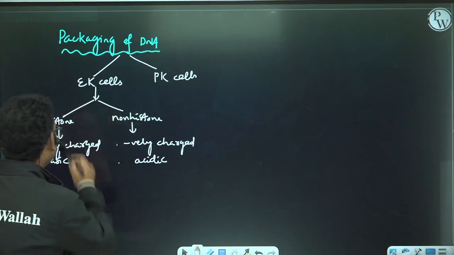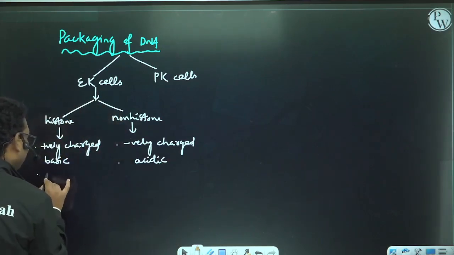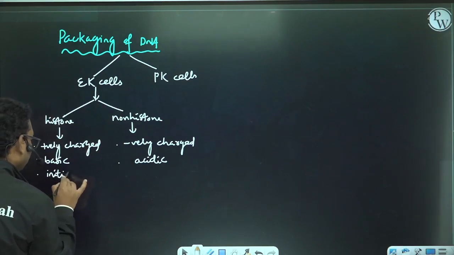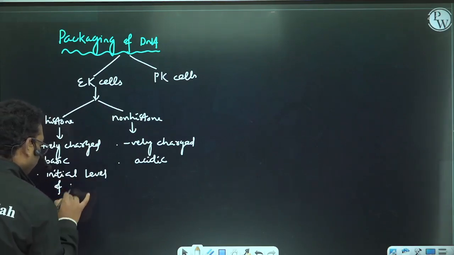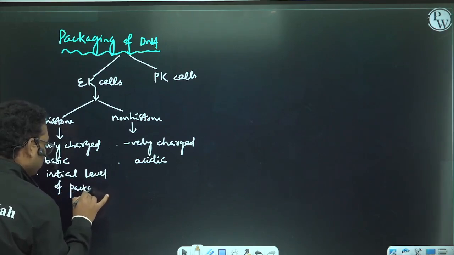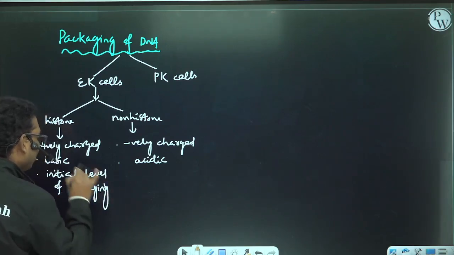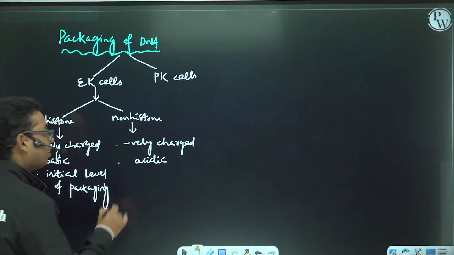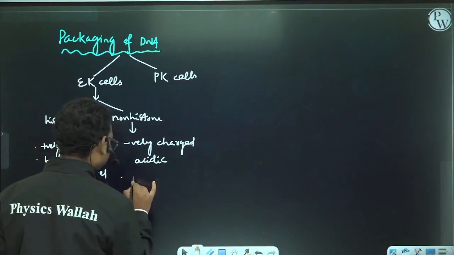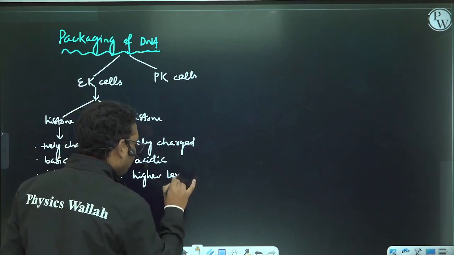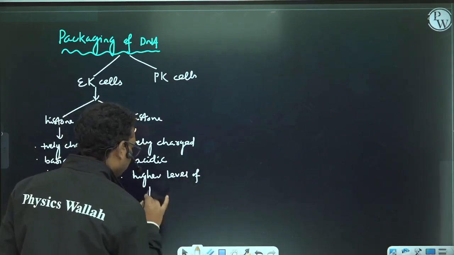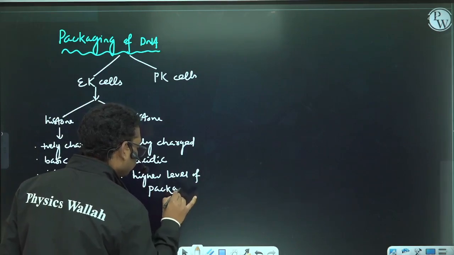So in the initial level of packaging the histone proteins are involved, and at the higher level of packaging the non-histone proteins are involved.